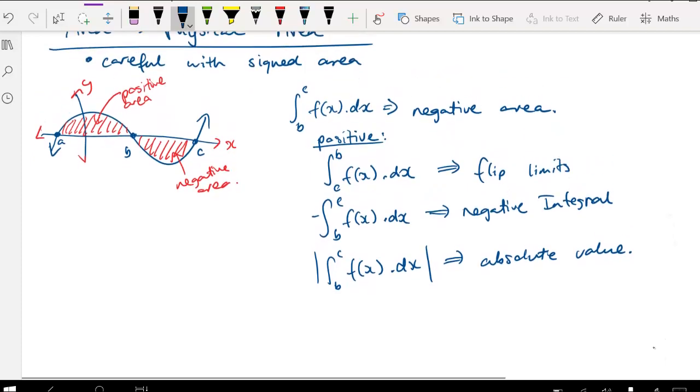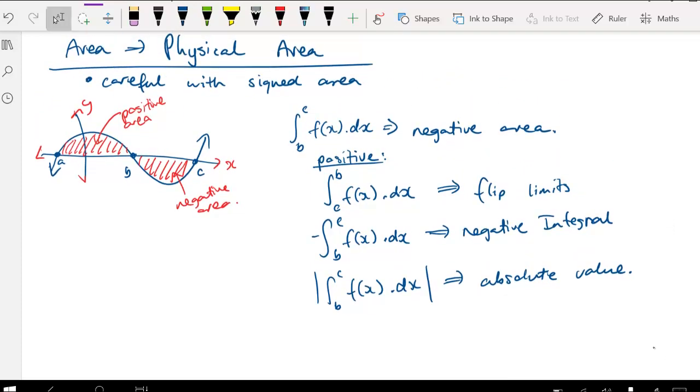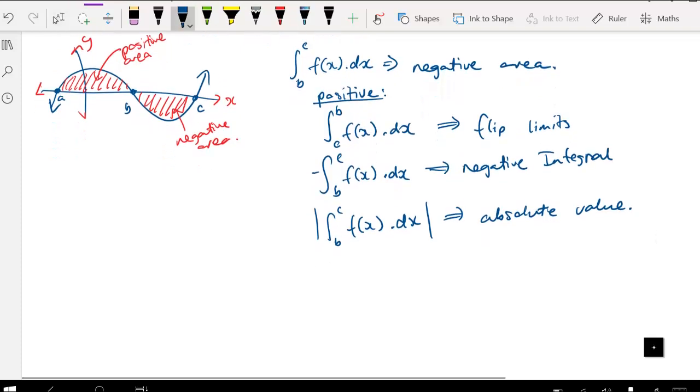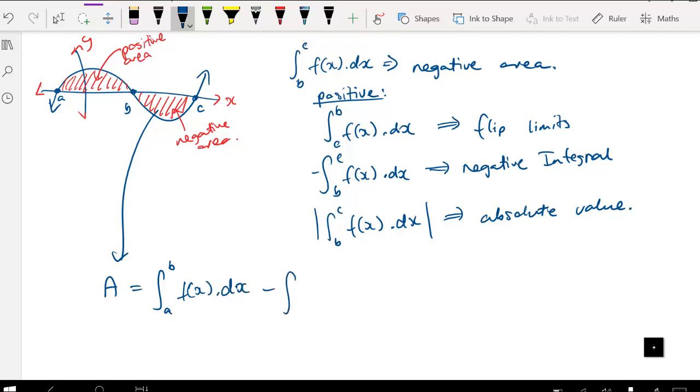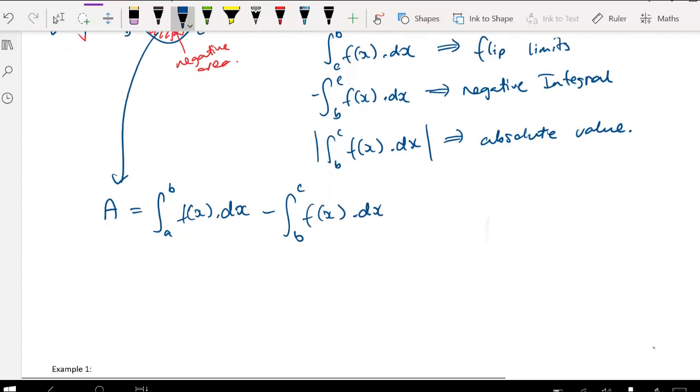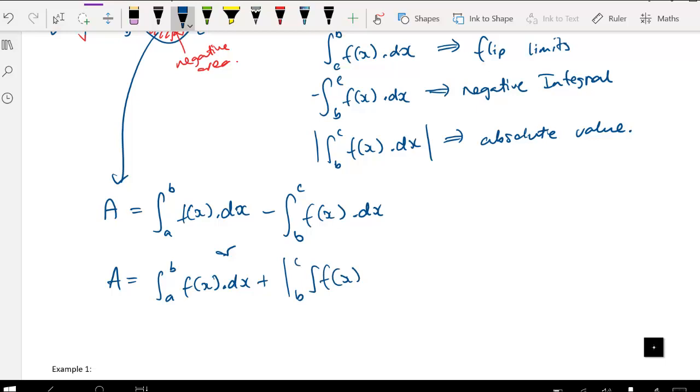I'm not going to stipulate which approach you take as long as you apply it in the right way. So if I was looking at the area here, I would simply say the area is equal to the integral between b and a of our function, subtract the integral between c and b of that function. Or I could say that the area is the integral between b and a of the function plus the absolute value of the integral between c and b of the function.